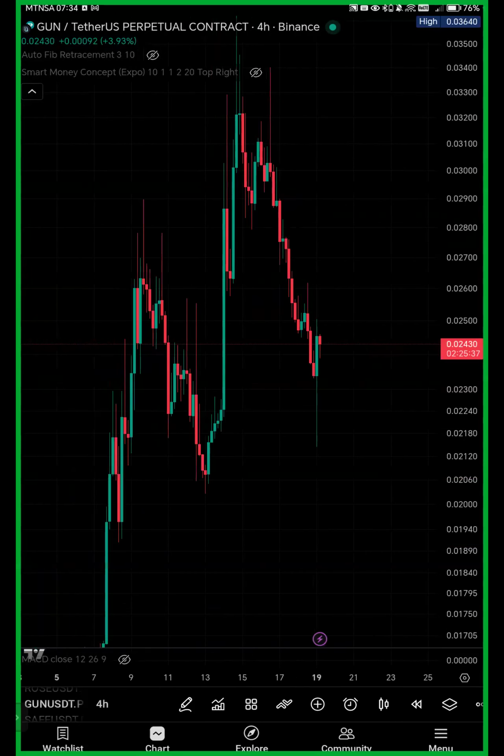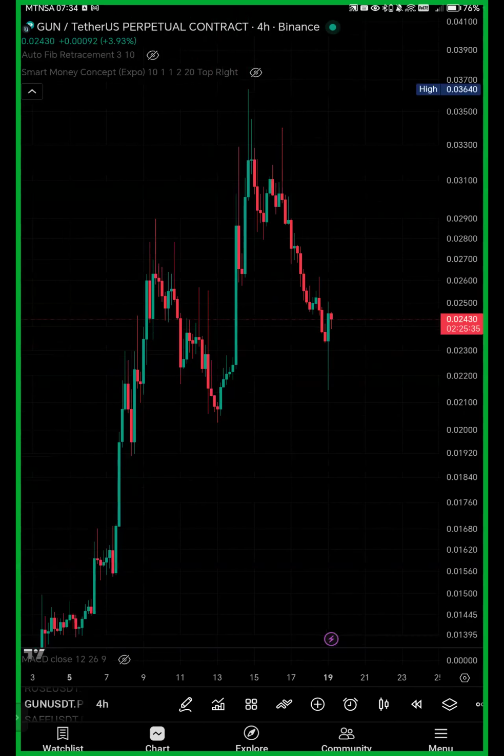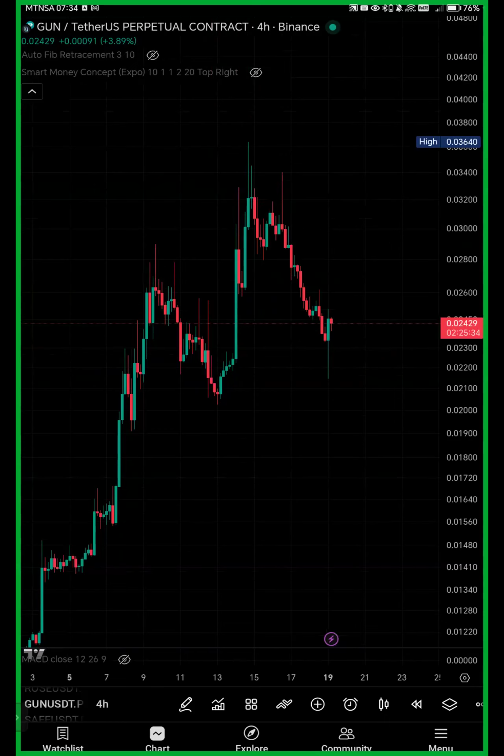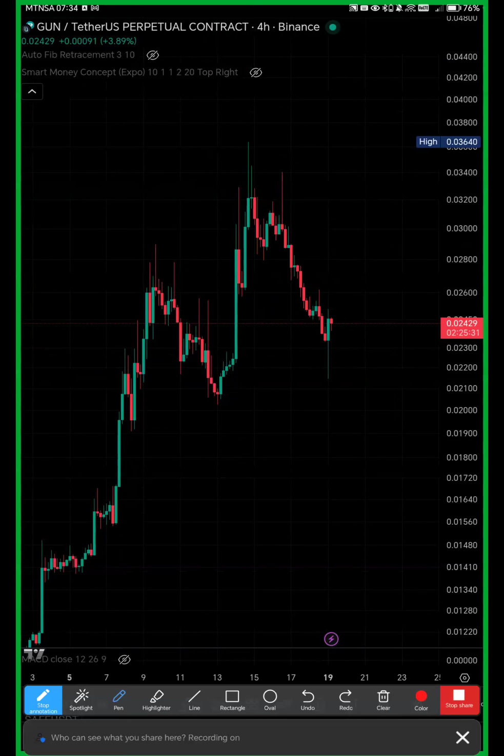As you can see, this market has been on an upward movement. Coming from this level, here I could take this as a retracement. Then it continued to go up, and came to visit these levels.